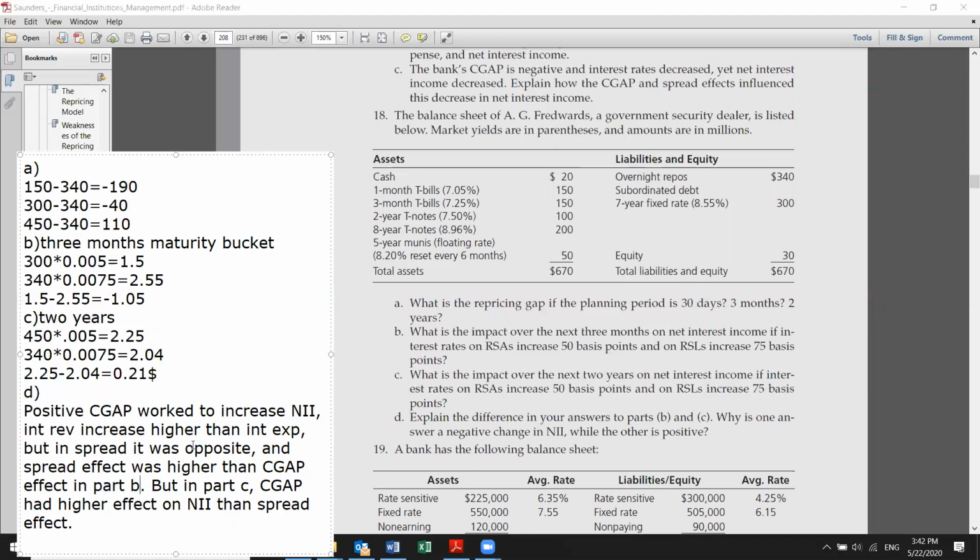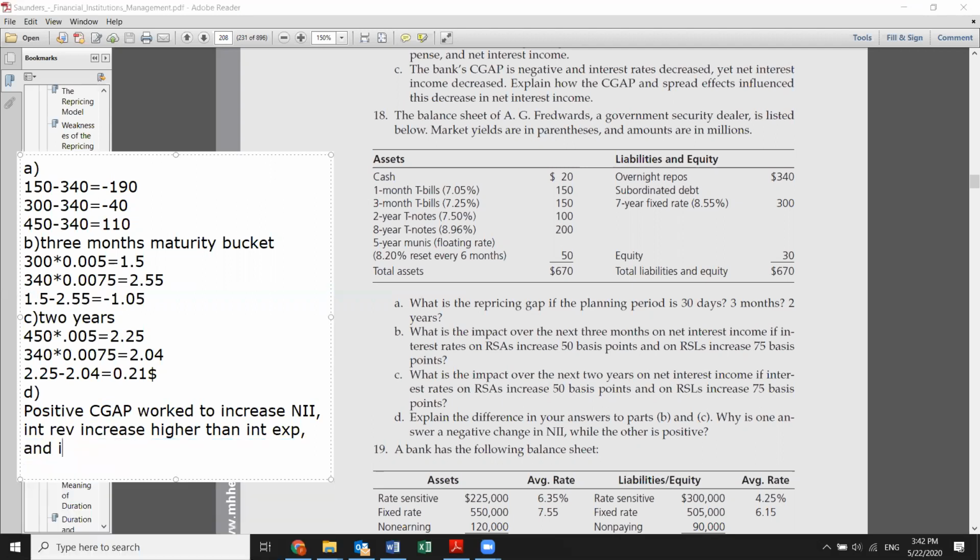So this is the way we have to change it. Right. Let me recollect my explanation then again. So positive cumulative gap worked to increase the net income, because interest revenue increased higher than the interest expense, and spread, and it had more effect than spread effect in part C. That's correct.